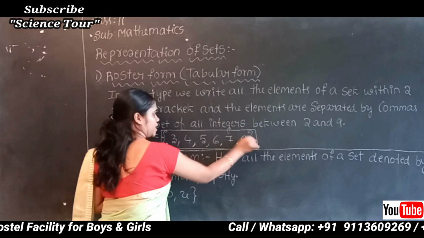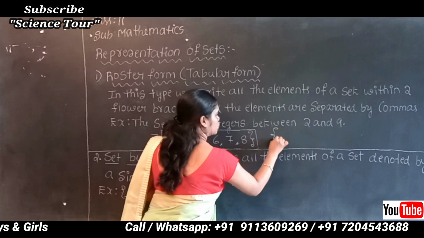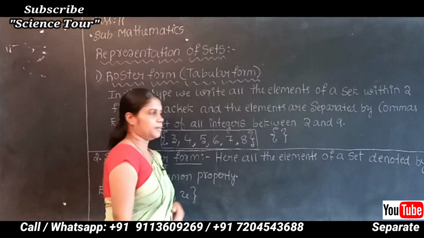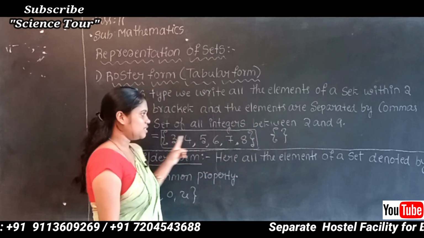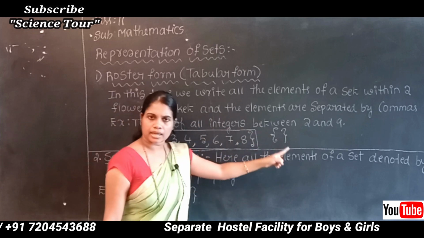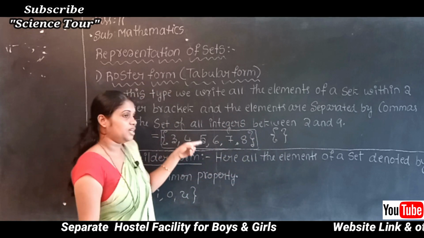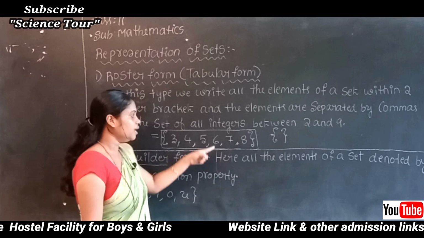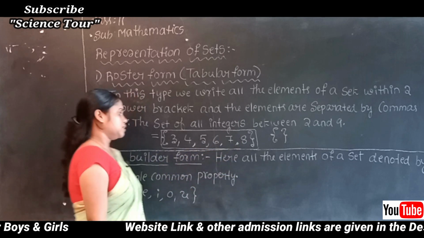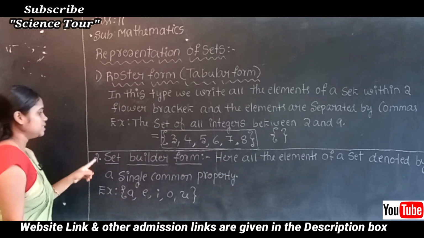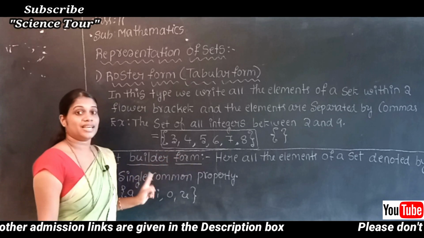This is known as a flower bracket, and the flower bracket will be like this. So the elements are enclosed within two flower brackets, and each element is separated by a comma.